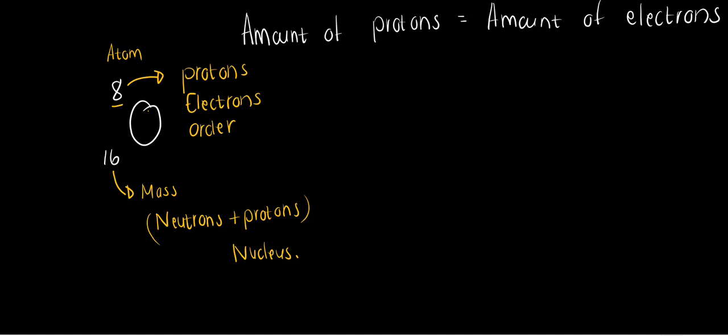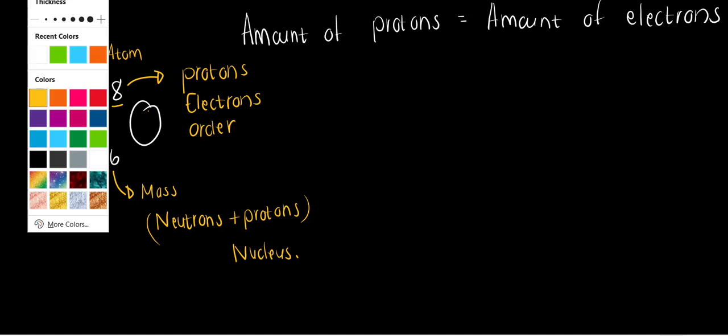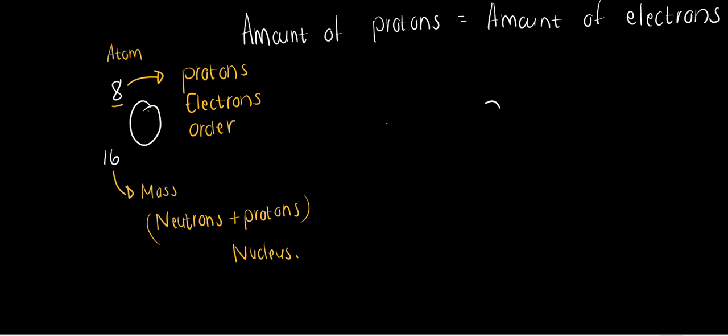So now, what is the charge that oxygen will have? Oxygen will always have a 2 minus. It will gain 2 electrons to have 8 electrons. That is a perfect valence shell.